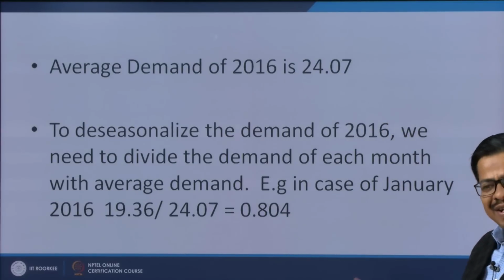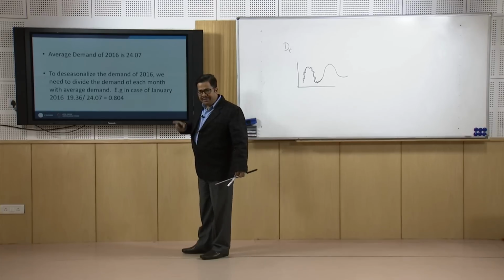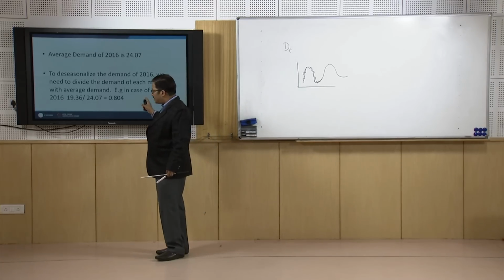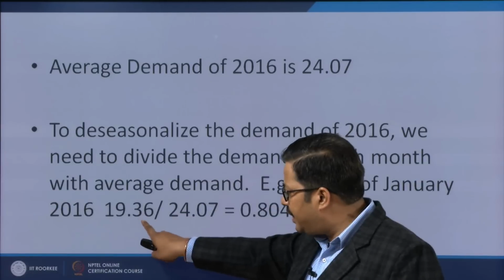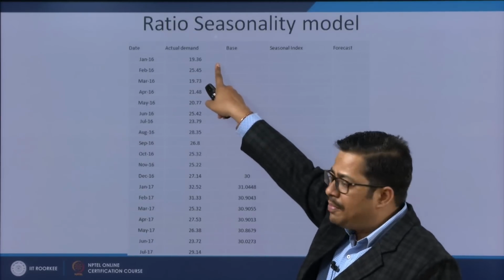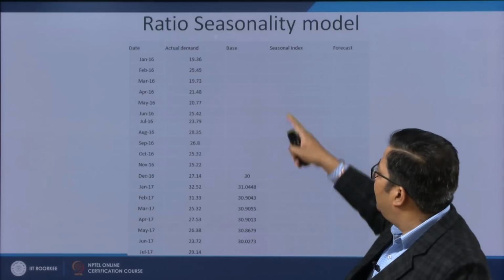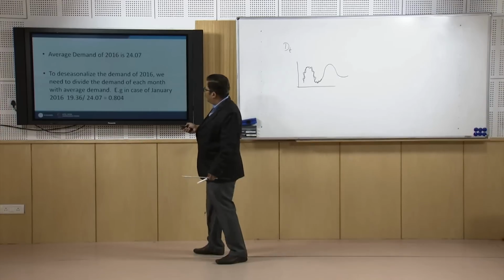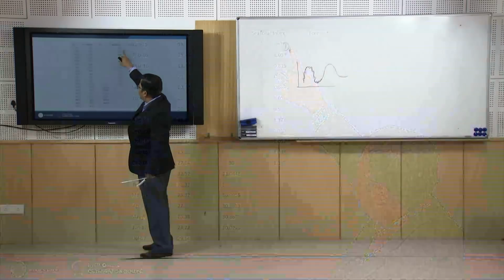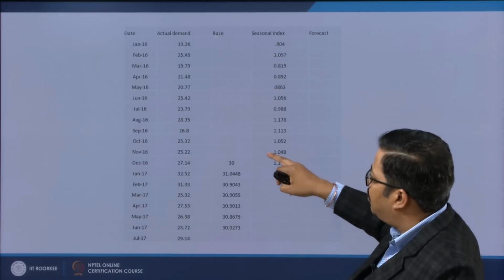Then for deseasonalization we need to divide the demand of each individual period by this average demand. For January 2016 we divide 19.36, which is the actual demand of January, by the average demand of 2016, and you get the seasonal index. By doing this calculation you have the seasonal index for each month of 2016.